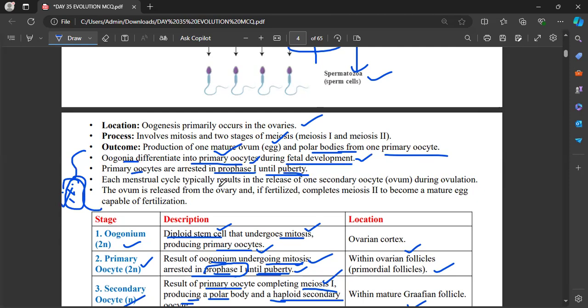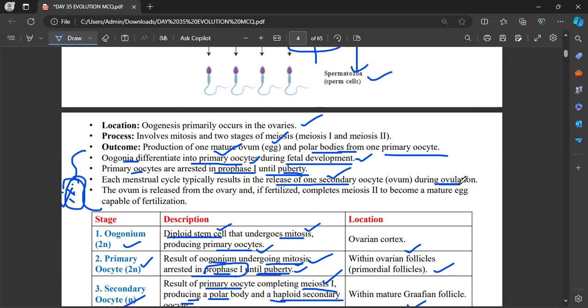Each menstrual cycle typically results in the release of one secondary oocyte during ovulation. So during the monthly menstrual cycle, when this secondary oocyte is released, that process is said to be ovulation.